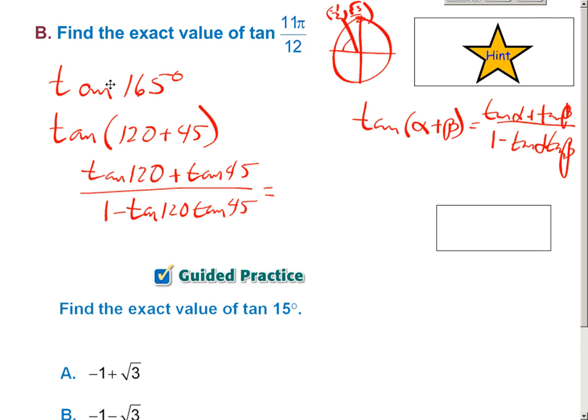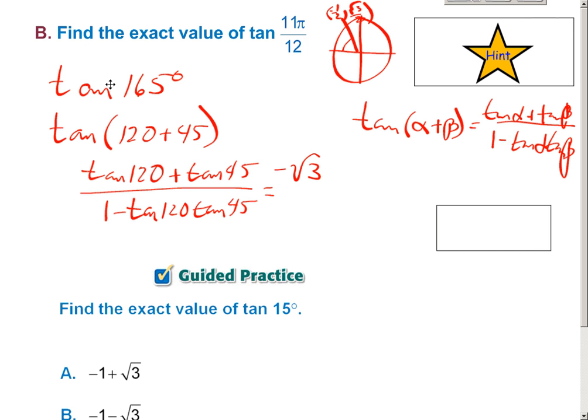And so sine over cosine, we're going to get negative radical 3. The question though is why a reference angle of 60? Because we're looking at the 120 degree angle here. So we have negative radical 3.